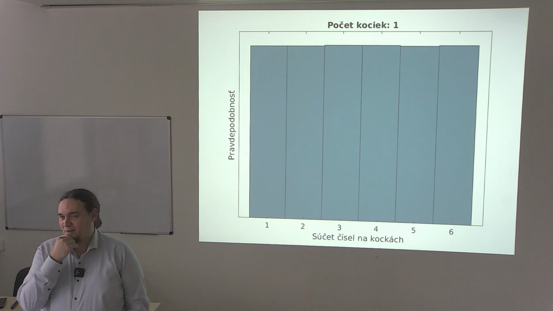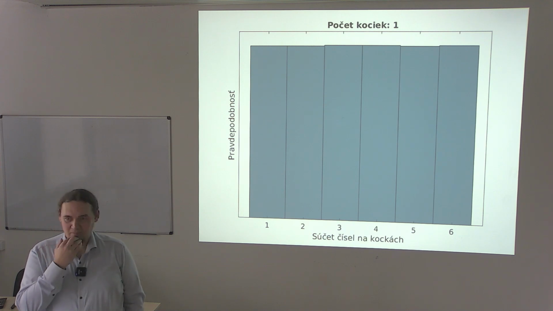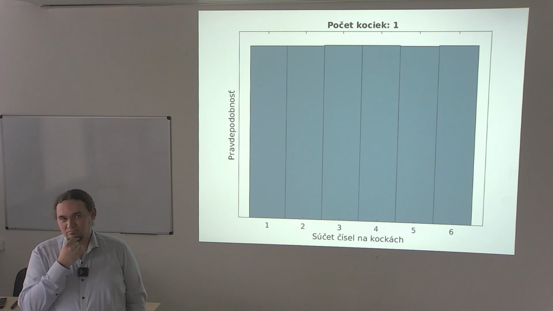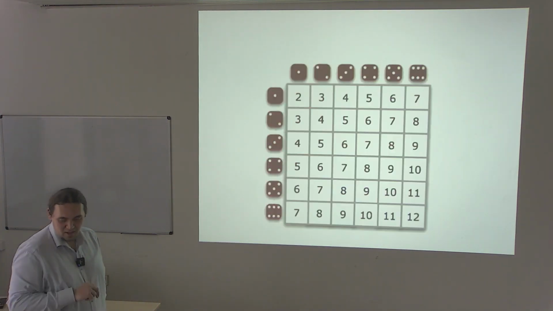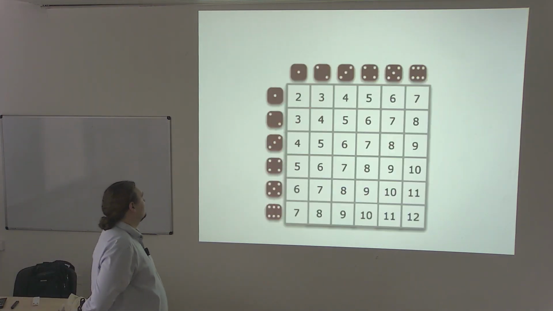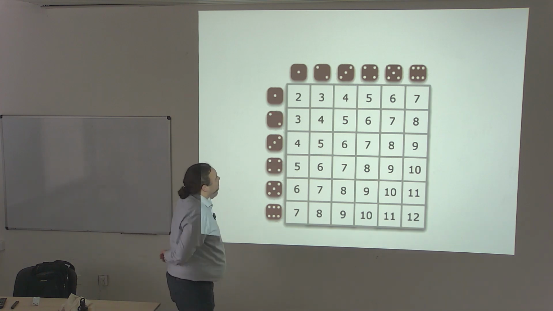It should probably turn into something like a Gaussian curve, or something like that, because the numbers 6 or 7 are probably most likely with the sum of them. Sounds good.